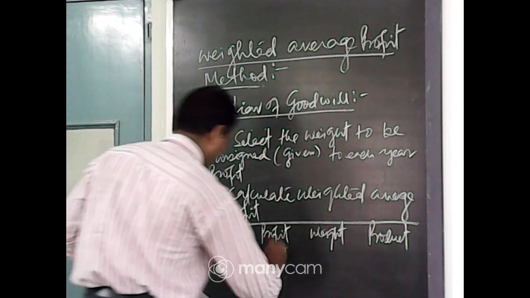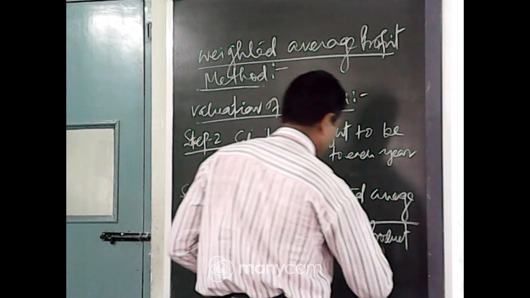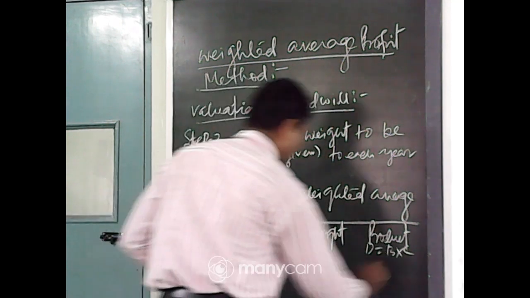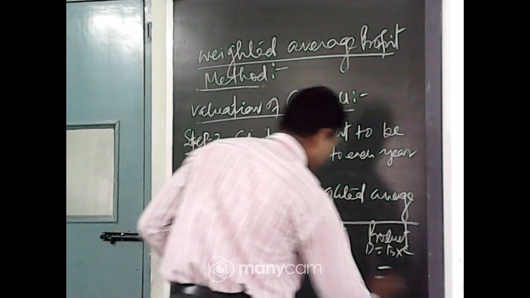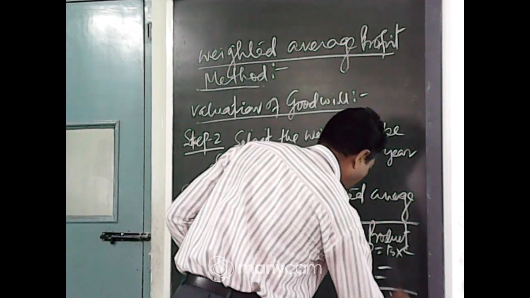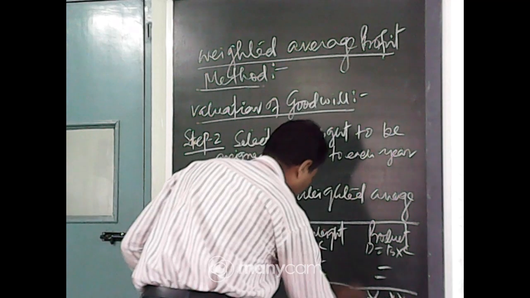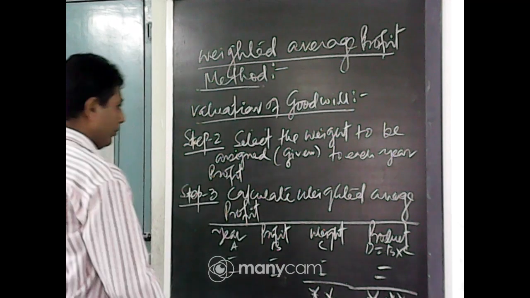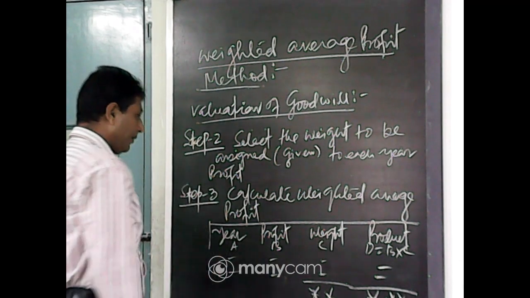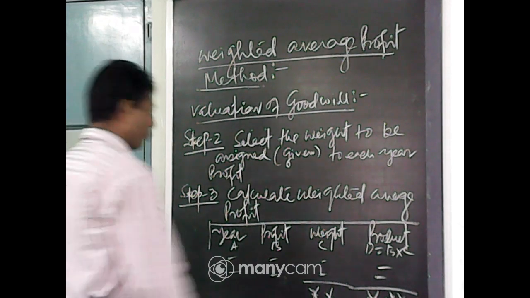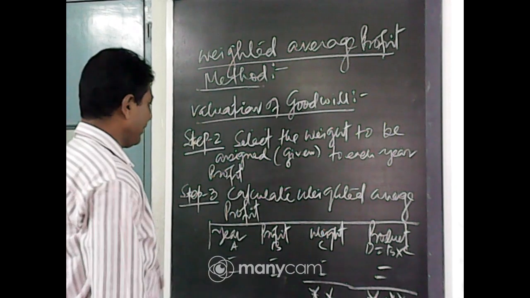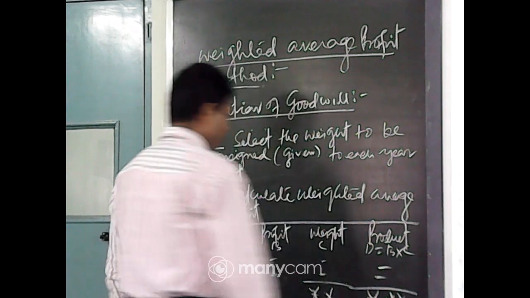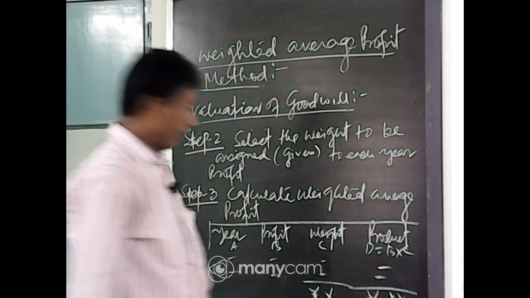Here the years are A, B, C, D. Year profit will be given in the problem, weight will be given in the problem, and product is equal to profit into weight. Then take the total of product and the total of weight. So now calculate the weighted average profit. Okay.